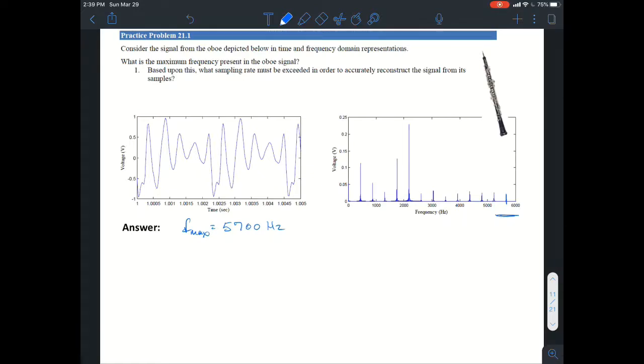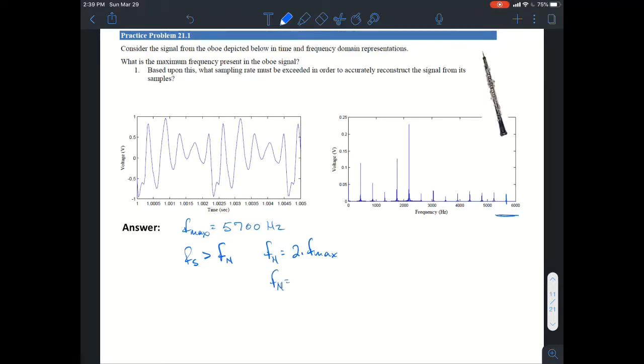And if we go ahead and move on to what is the sampling rate that must be exceeded, we know that F sub S must be greater than F sub N, where F sub N equals 2 times F max. All right, this is just some straightforward math.